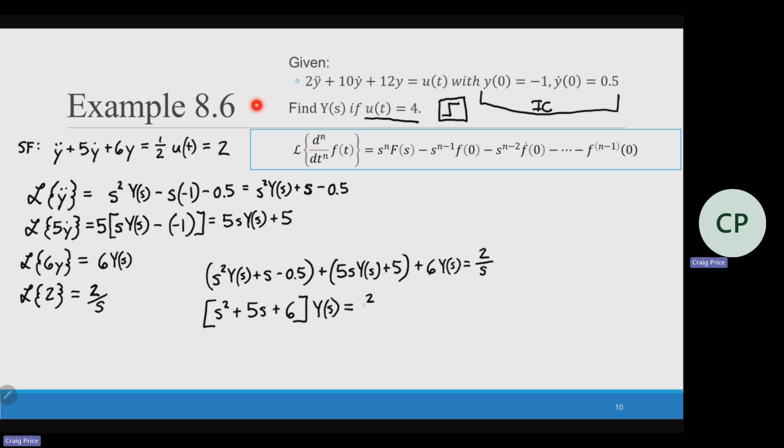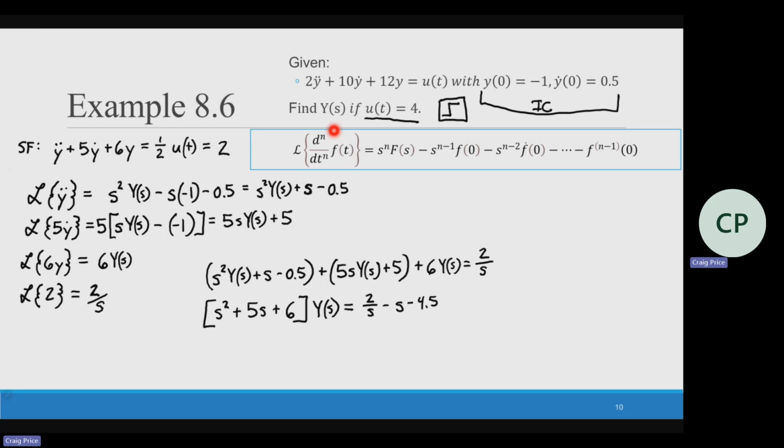So on this side, we'd have a 2 over s. We'd have a subtract s. And then I have a 5 and a negative 0.5. So that's a positive 4.5 over here. So we're going to subtract 4.5 on the right-hand side.